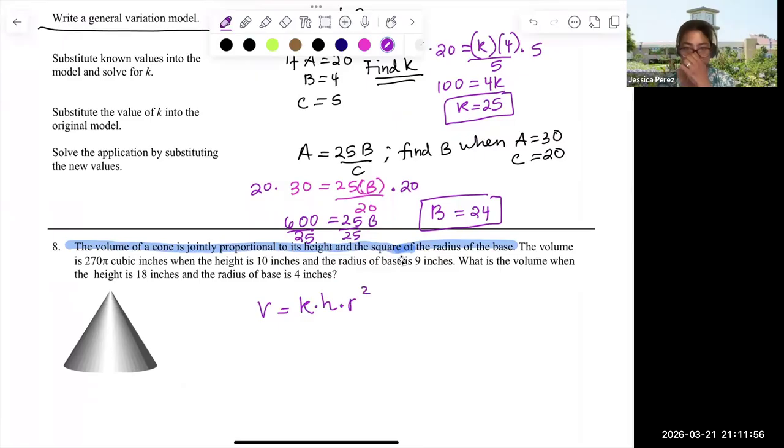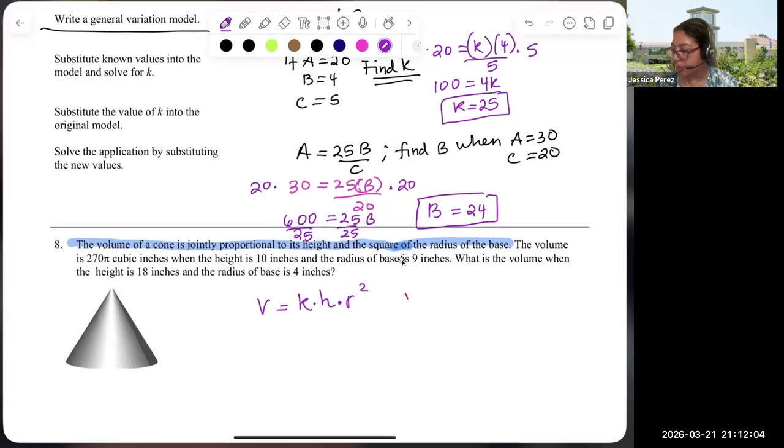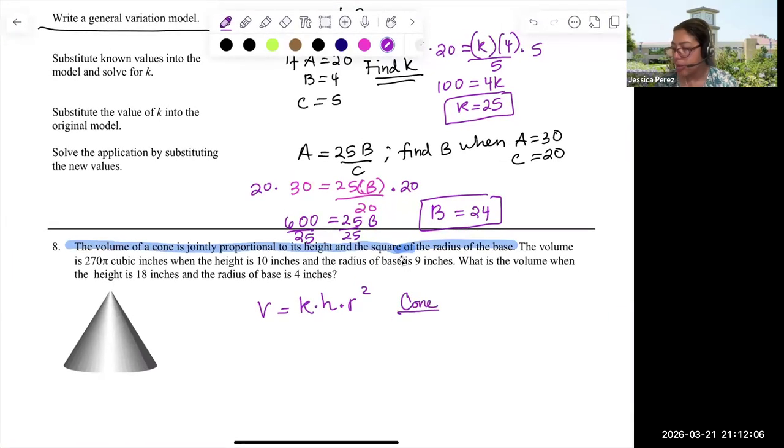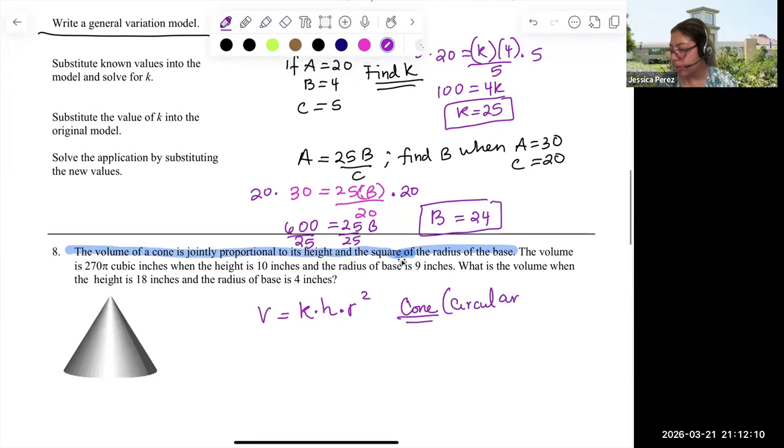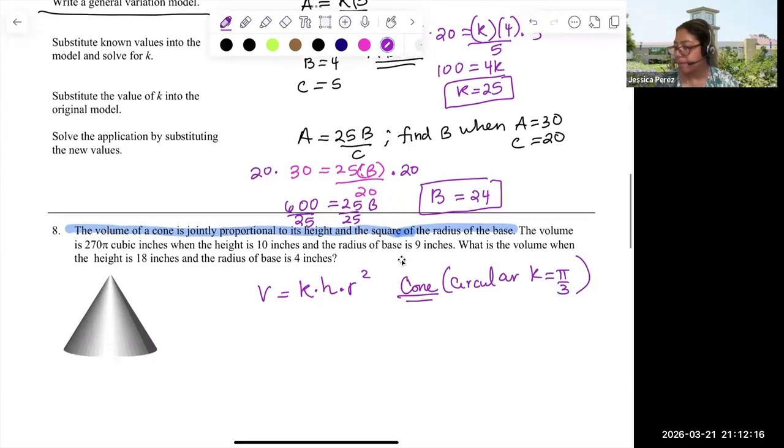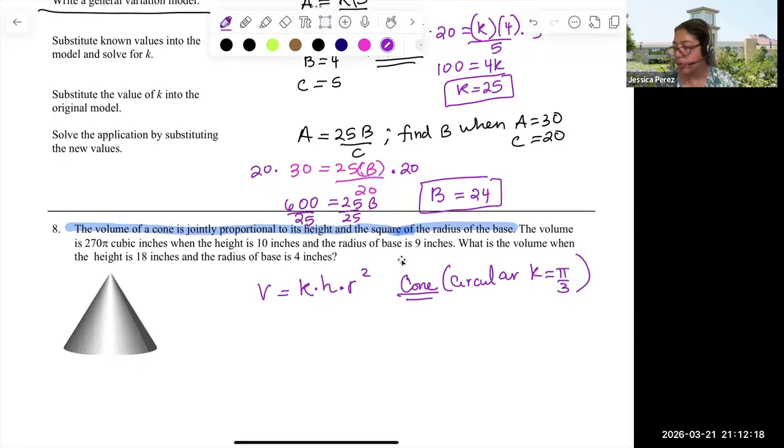So that's our first part. Now, what do we know about our constant of proportionality? Because we have a cone, which is a circular shape, we know that K will be pi over 3. So the general formula for a cone is V is equal to pi over 3 times H times R squared.